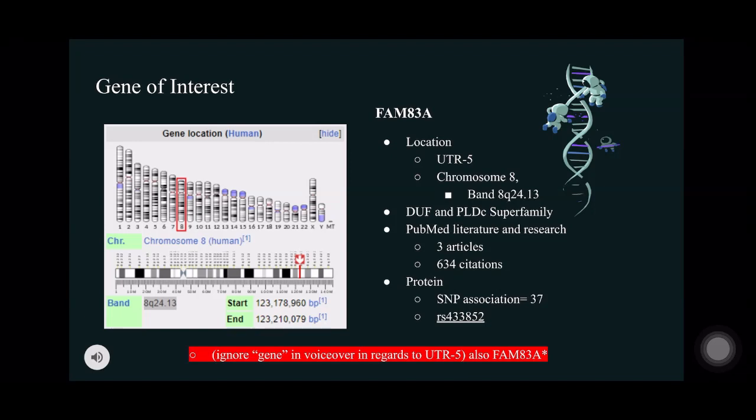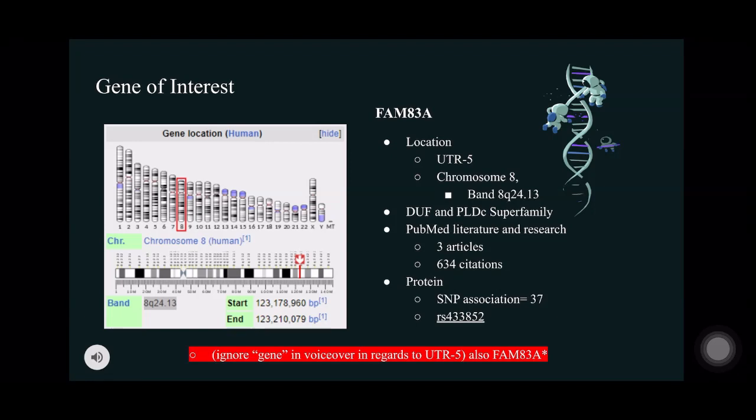This gene belongs to a superfamily, and superfamilies are genes that typically contain several protein families, which show sequence similarity within each family. My gene of choice belongs to the DUF and PLDC superfamily.